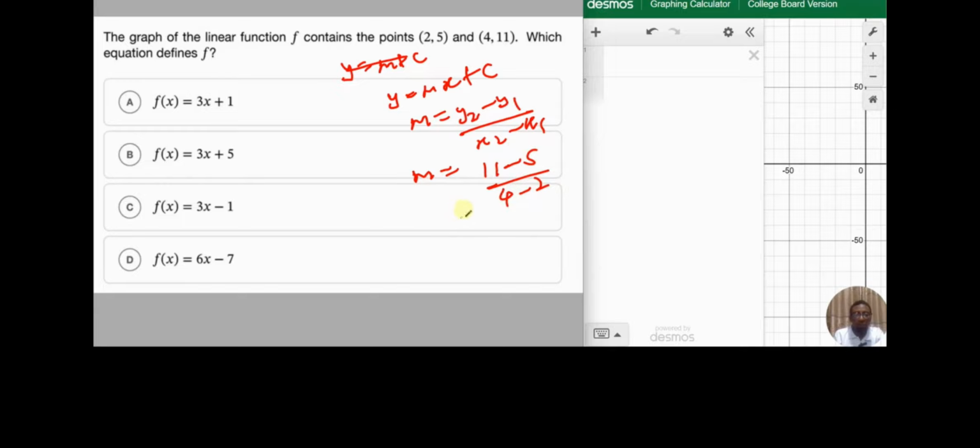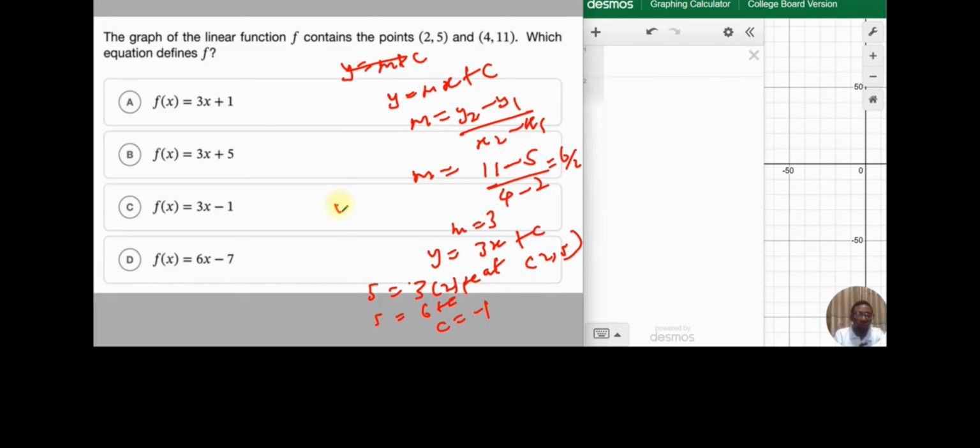There is an easier way of solving this. After getting your m, which is 6 over 2, your m should be 3, and you have y = 3x + c. Using the point (2, 5), 5 = 3(2) + c, so 5 = 6 + c, so c = -1.